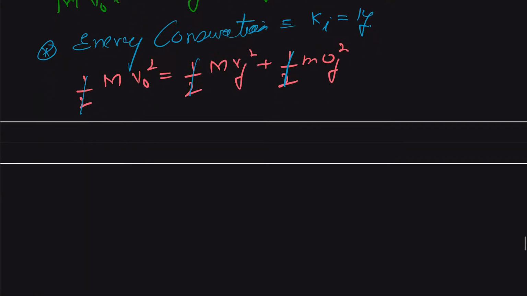So let us modify this equation, and we can write this as small m v_f square is equal to M v naught square minus M V_f square. Let us call this equation number 2.